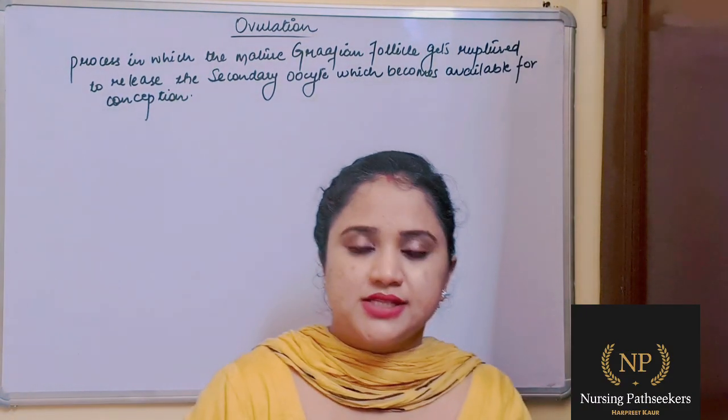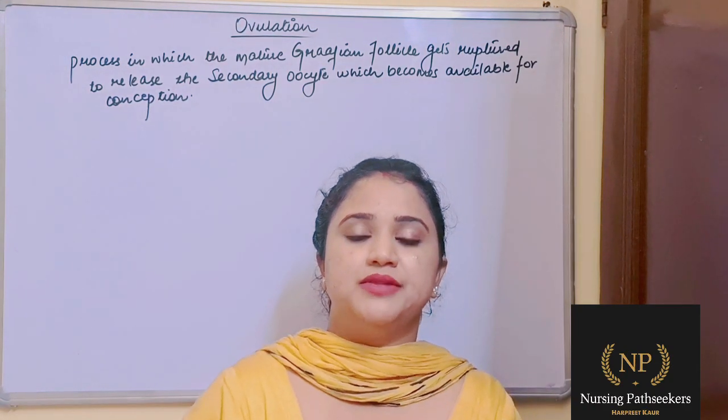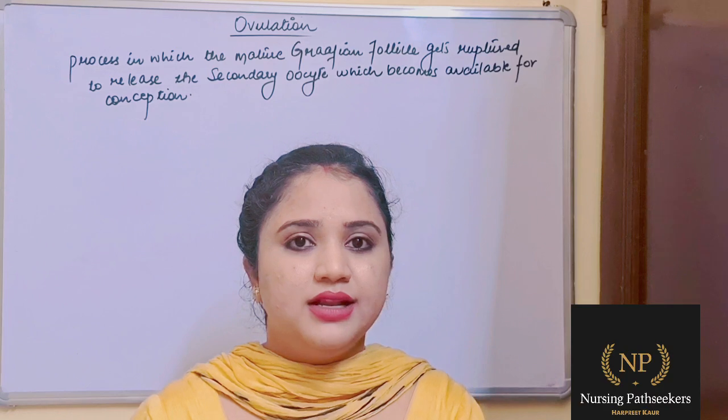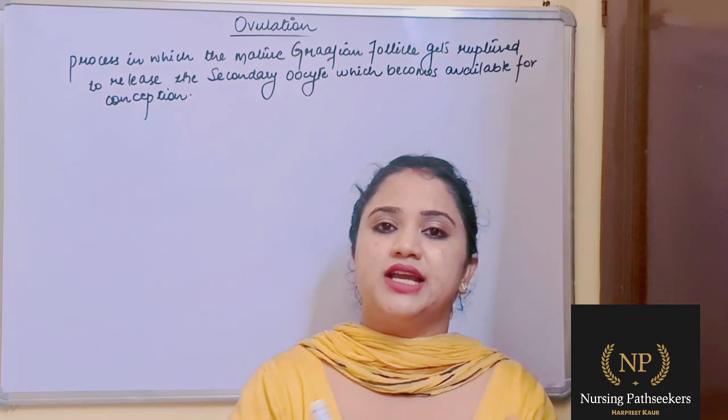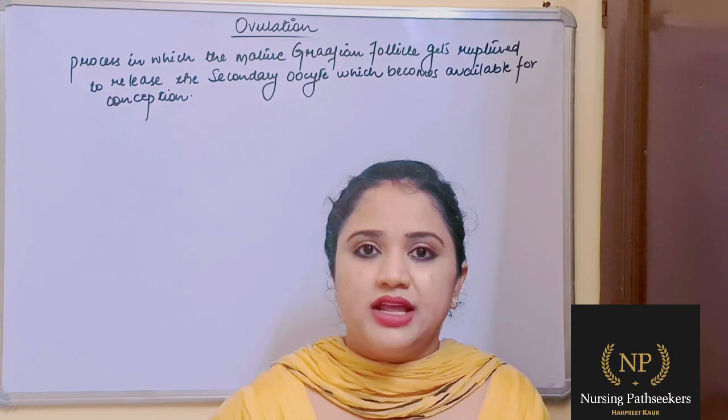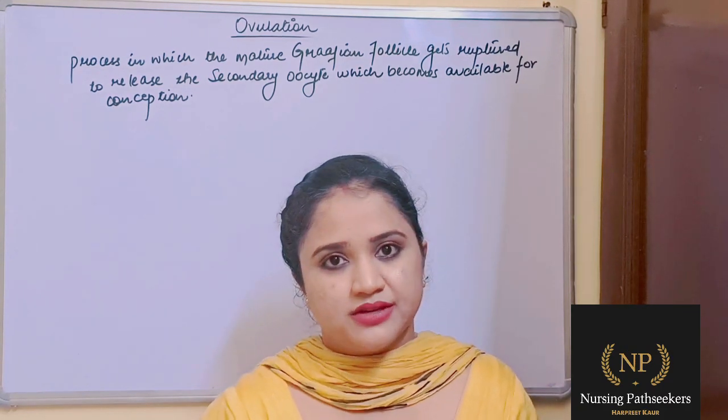So this is the process of ovulation. What happens is there is a rupture of Graafian follicle that leads to release of secondary oocyte. Now that secondary oocyte is now ready for the process of conception, right?